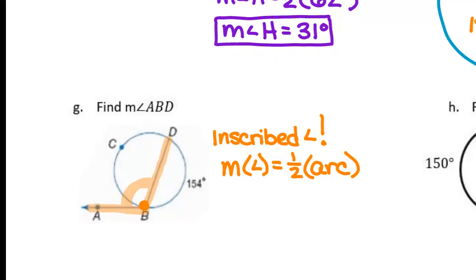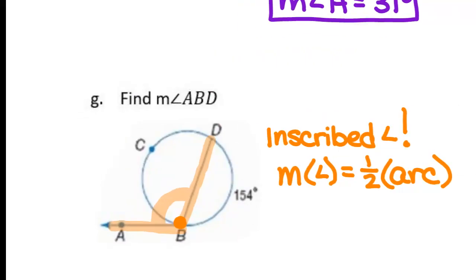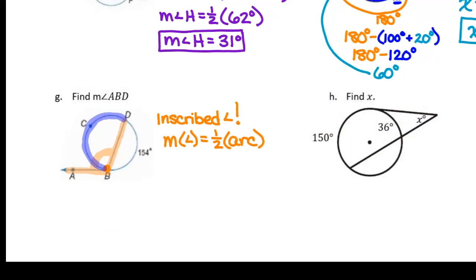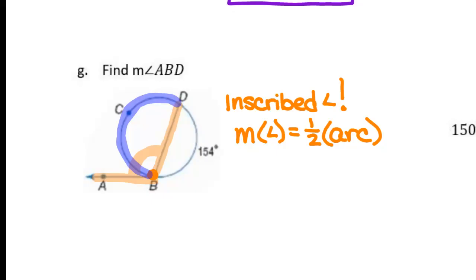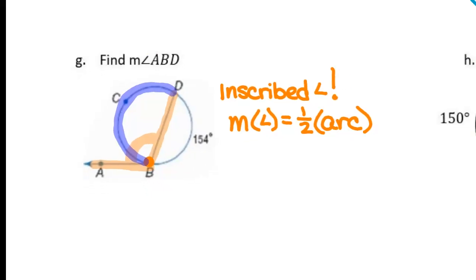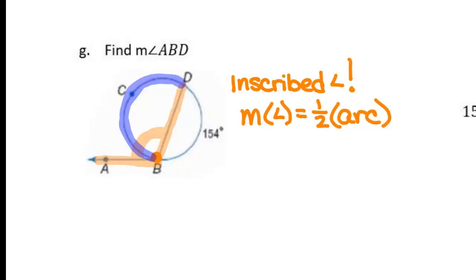The arc that is being intercepted here is this arc. Do you guys see how that's on the inside of the angle, like the angle is hugging that? If you look at the 2 sides of the angle as arms, they are hugging this part of the circle. That is the arc that's being intercepted. Do we know how big that is? No. But what do we know?